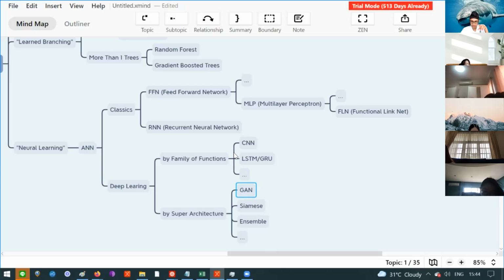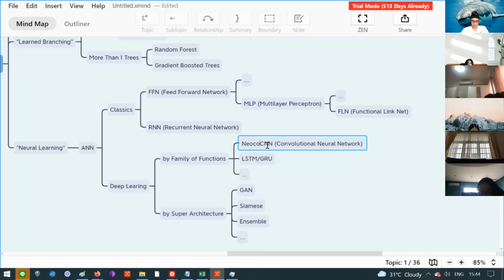Okay, but this is where you see things like this in your iPhone. I'm going to put Neocognitron first because that's kind of like the precursor.